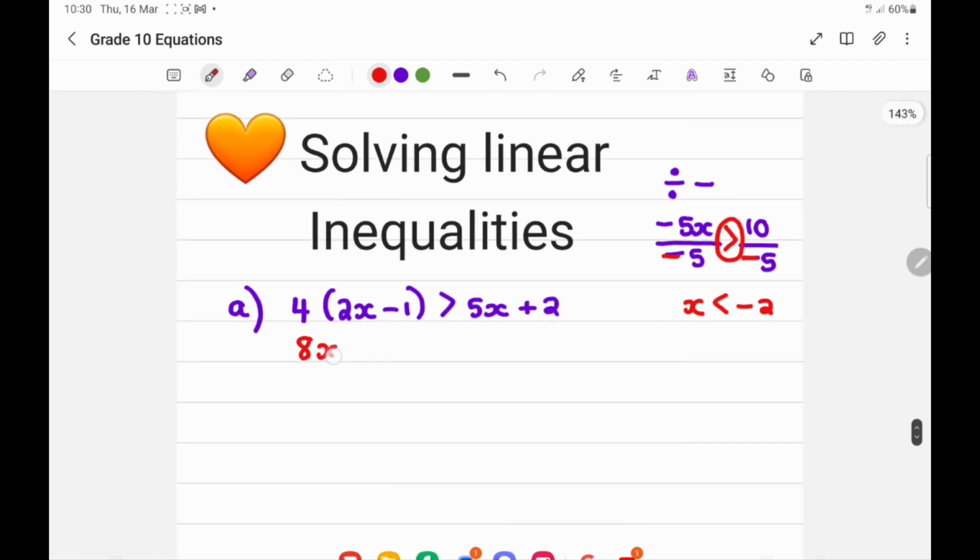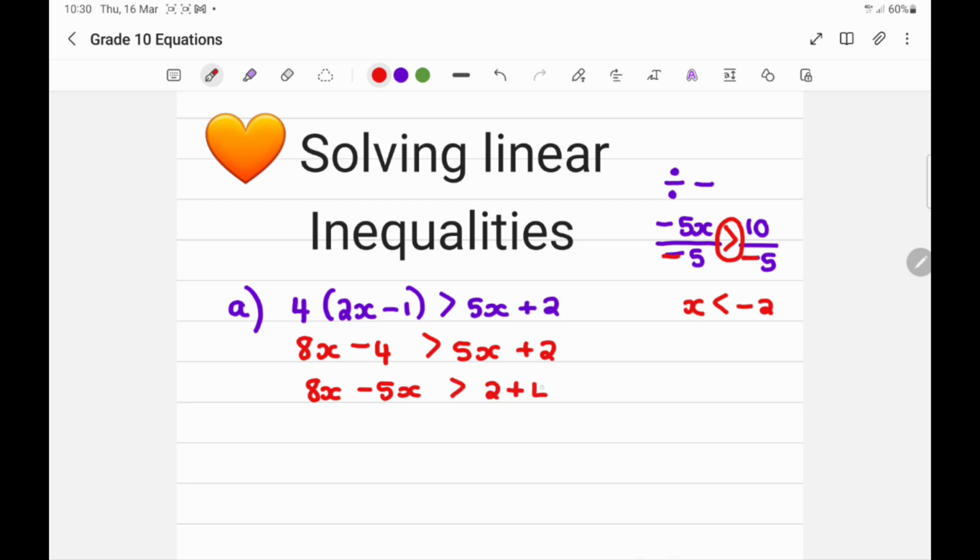Let's start doing it. 8x minus 4 is bigger than 5x plus 2. Again, you just bring your like terms together. So 8x minus 5x is bigger than 2 plus 4. 8 minus 5 is 3x, is bigger than 2 plus 4 is 6.